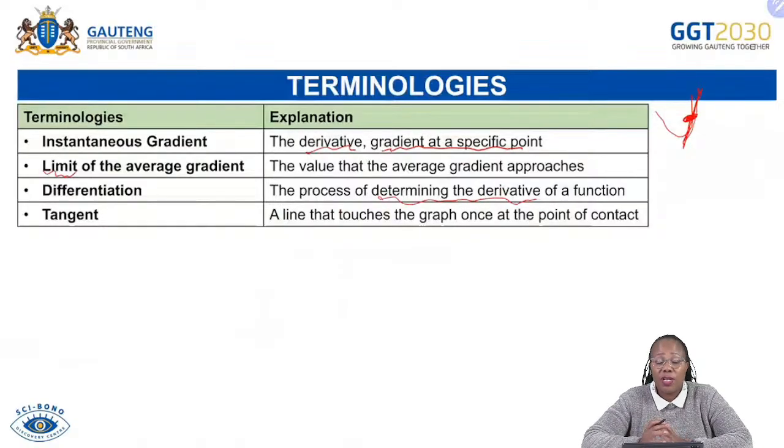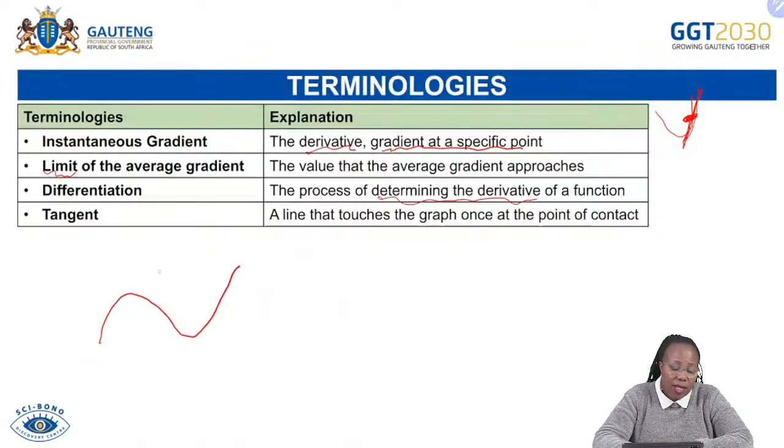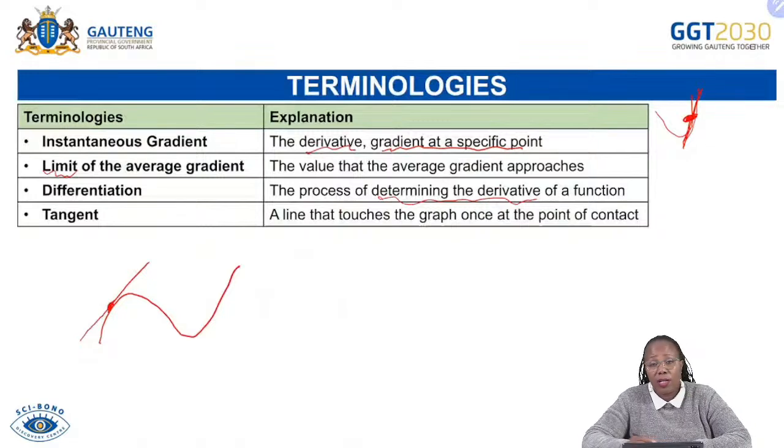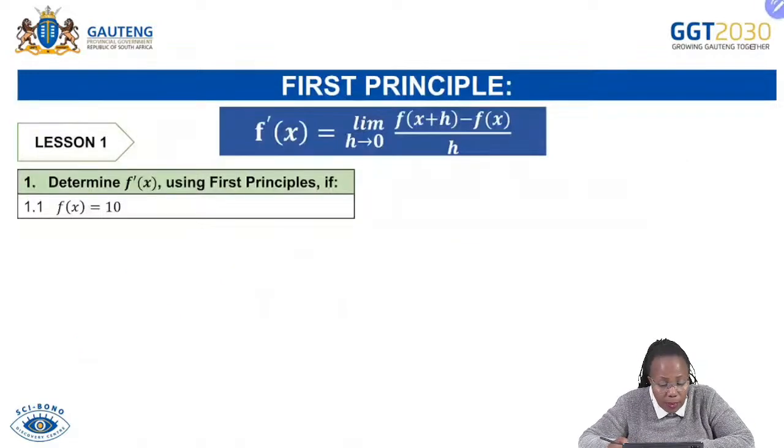When you determine a derivative, you are busy differentiating. And then the tangent is the line that touches the graph once at a point of contact. It doesn't matter which graph, it can be a cubic function. As long as it is touching that graph at one point, then the line will be a tangent at that point of contact.